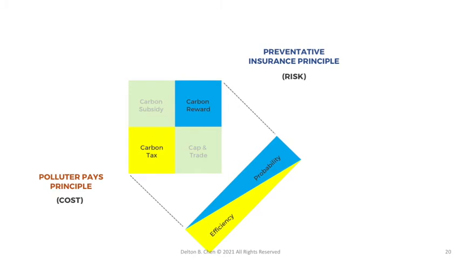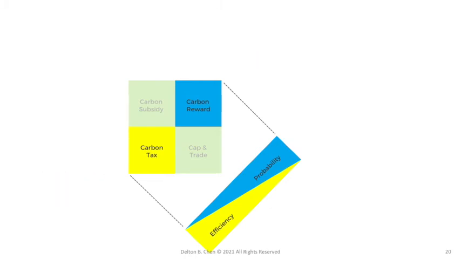So the social justification is framed by the concept of insurance, which is used to manage risk. So this is an important point about the entire carbon pricing matrix, that we have introduced these 2 decision paradigms, one being efficiency, denoted as yellow, and the other being probability, denoted as blue.